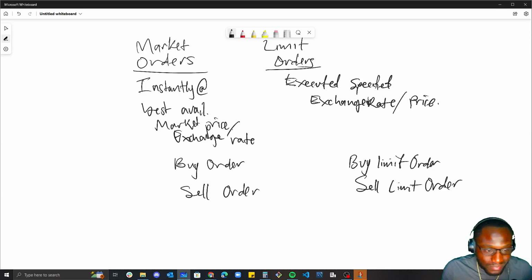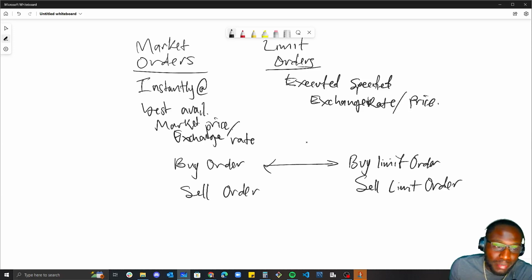So a buy order and a buy limit order is essentially the same thing. It's just that a buy order is a market order, and a buy limit order is executed at a specified exchange rate, right? Same thing goes for a sell limit order, vice versa.